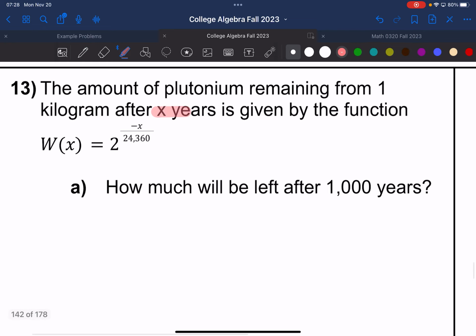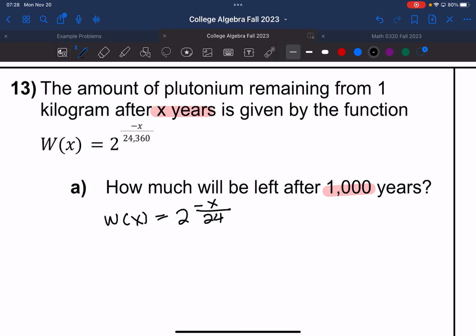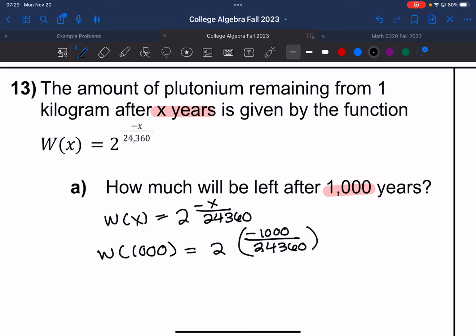So X is years, so where are we plugging in 1,000? In X. So we have W of X is equal to that 2 to the power of negative X over that 24,360. I'm now plugging in 1,000 for X. Okay, and remember this is an exponent, which I would put in parentheses when you put into your calculator.